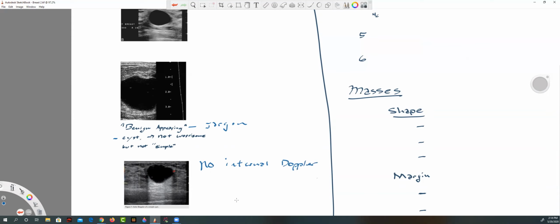If there's anything internal, then it's certainly not simple. In fact, it's very concerning if there's internal Doppler going through there like that. And minimal Doppler on the periphery.